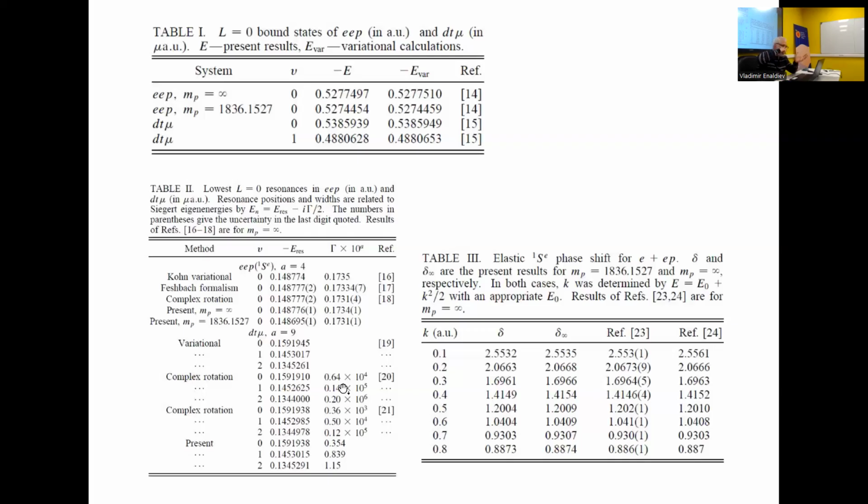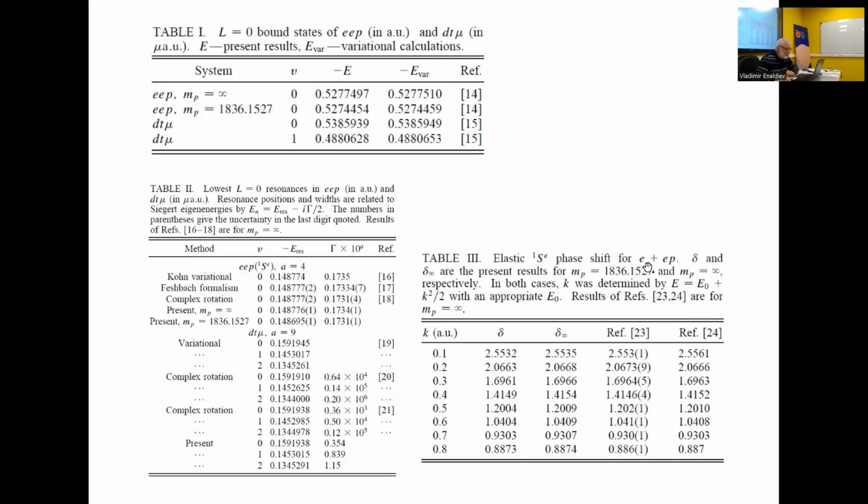If you have two channels coupled, and the upper channel has a potential well, and there is a state bound in the upper channel, but it decays through non-adiabatic coupling to the lower channel. This is called a Feshbach resonance. It's not tunneling, but those resonances are very narrow, and this method, complex rotation, failed to reproduce the width.